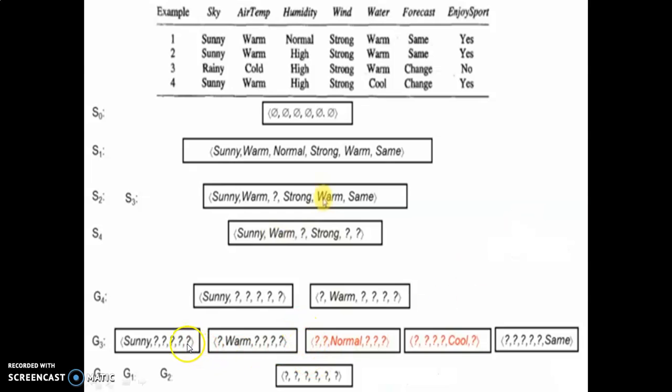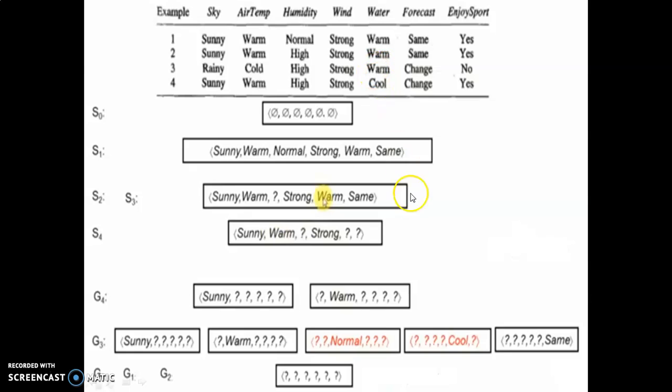Here let us see, we have considered all 5 examples. Sunny, this one is warm, then same we have taken. In the third example, high is there, and we have replaced it with normal. Then the fourth attribute, that is cool, we have taken.